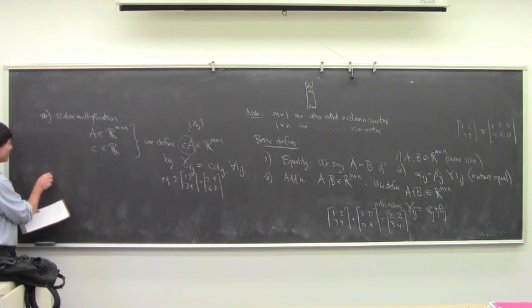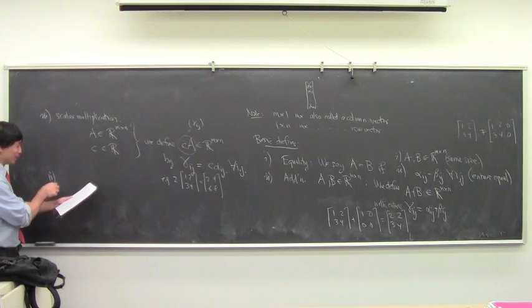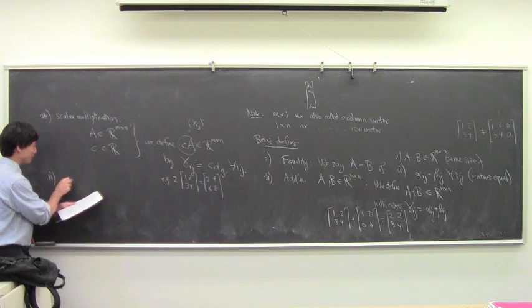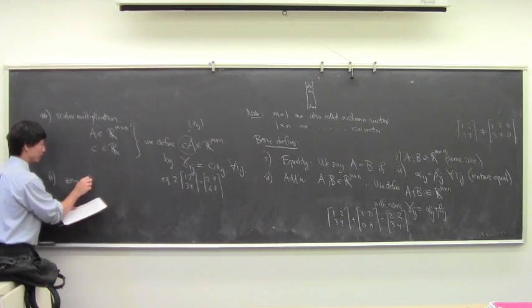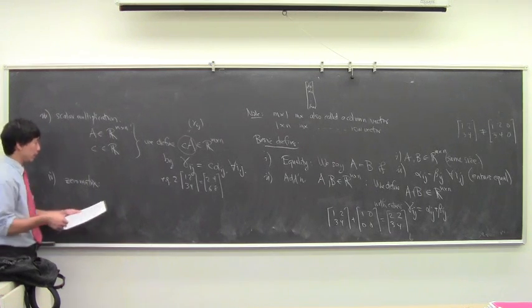We didn't make it. I was hoping we'd get to matrix multiplication, but I guess we're going to end on a low note. That's okay. So the zero matrix. What's zero?